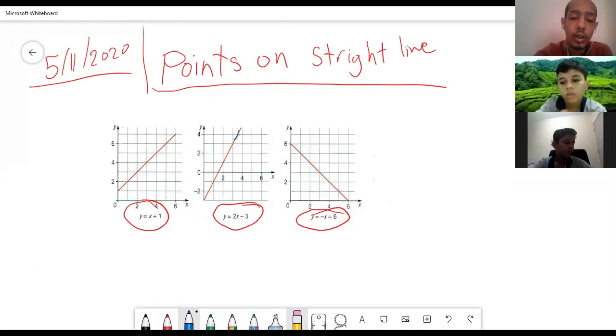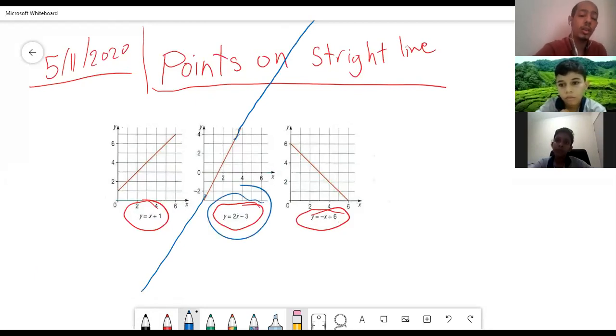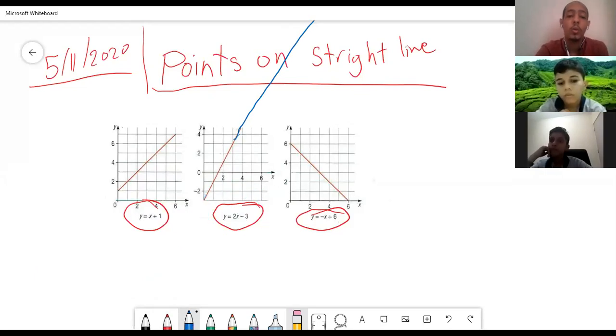If we extend any straight line, it's going to be the same line with the same function. The function of the line is not going to change if we extend the line on both sides. So this means we have unlimited or infinite numbers of points on that line.